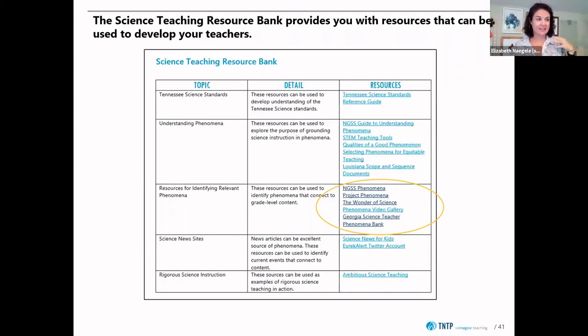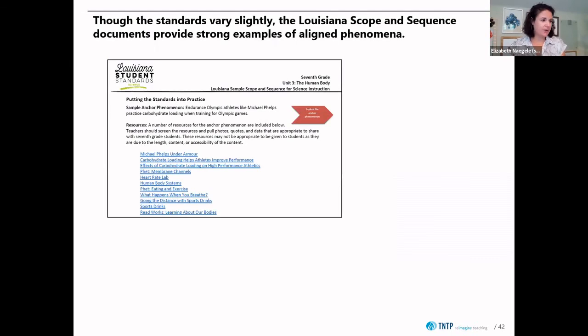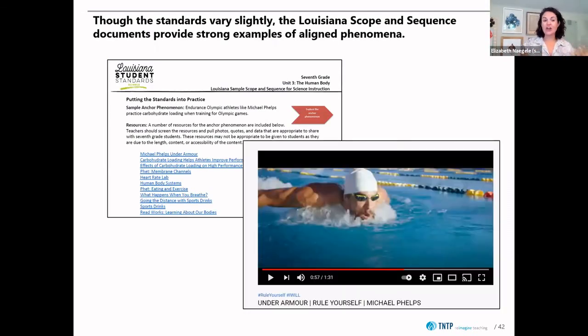In our last minute here, I just wanted to point you to one resource in the Science Teaching Resource Bank, which is linked in your document. There's a bunch of links to help explore phenomena, because that can be really hard. I don't have a science background, so I don't know how to help a teacher come up with one. In the Louisiana resource specifically, it talks about endurance athletes and uses Michael Phelps as an example to explore the interconnectedness of body systems and how athletes carb load to help their performance.